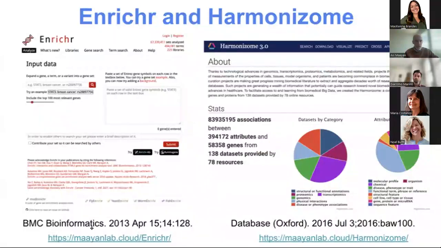This is a screenshot from a few weeks ago. Over the last 10 years, these two websites together saw at least 2 million unique users. They turned out to be very useful resources to the biomedical community, and many of you have probably heard about these.